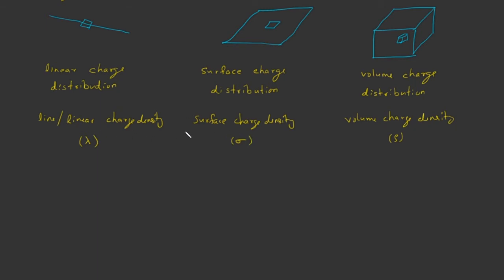First, for linear charge density. For that, we are considering a small element delta L and the charge in that small element is delta Q. Then linear charge density lambda is equal to delta Q by delta L.